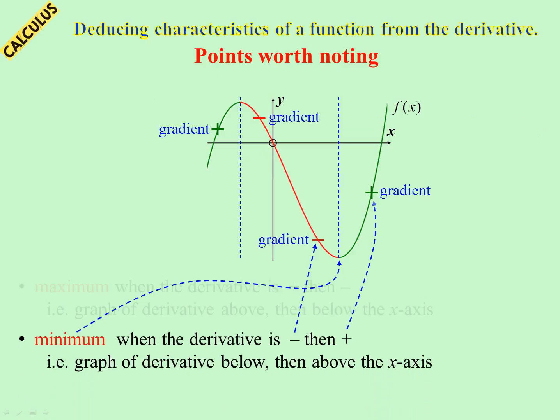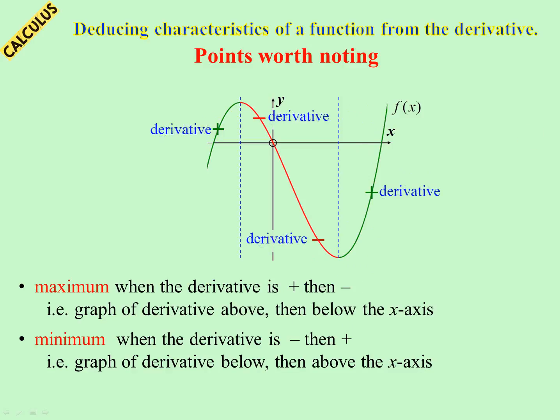And minimum when the derivative is negative then positive. Now when the gradient is negative for this red section, it means the derivative is below the axis, and when it's green, positive gradient, that means the derivative graph must be above the axis. So there's the graph of the derivative.